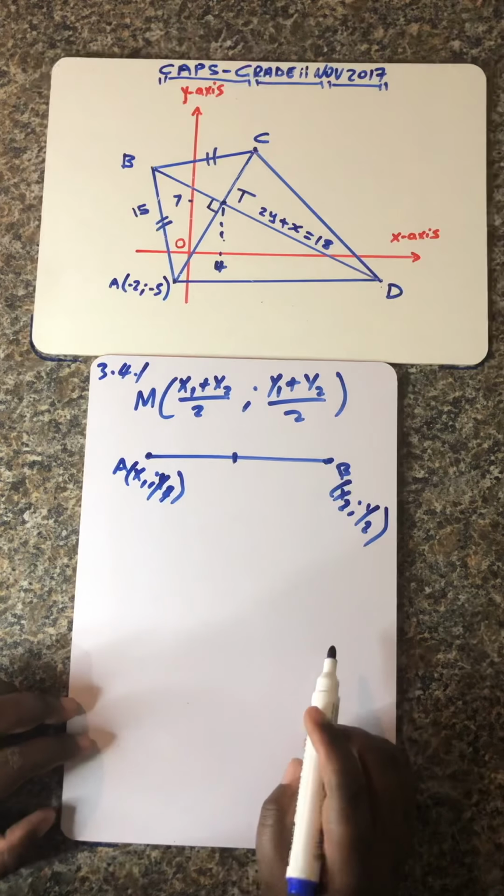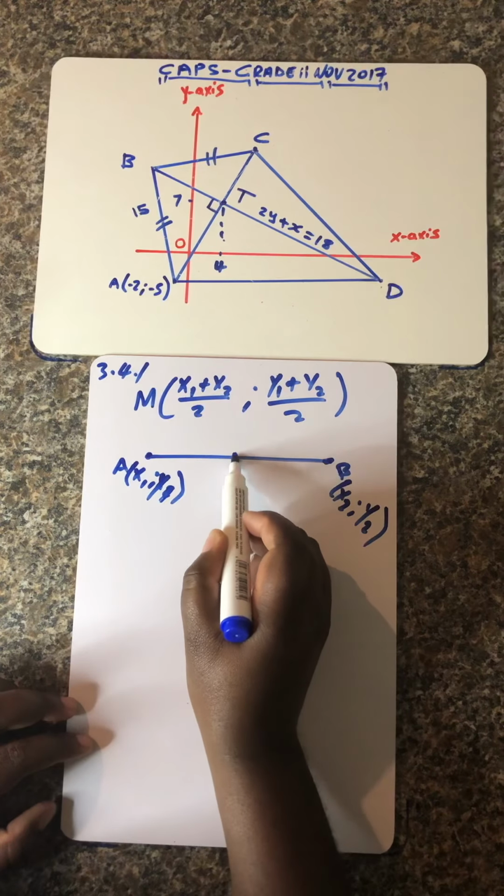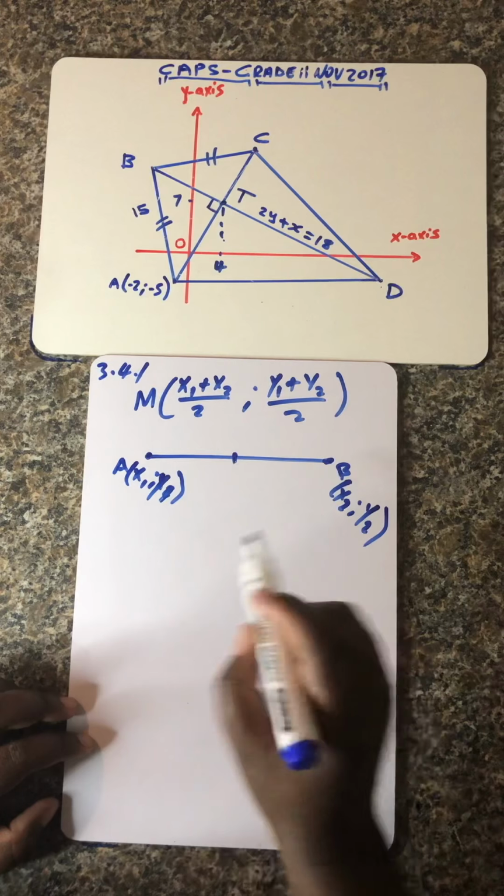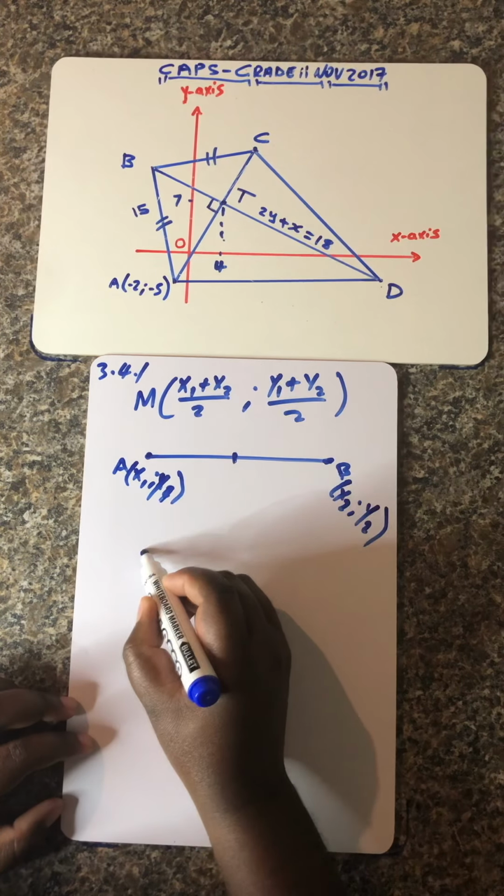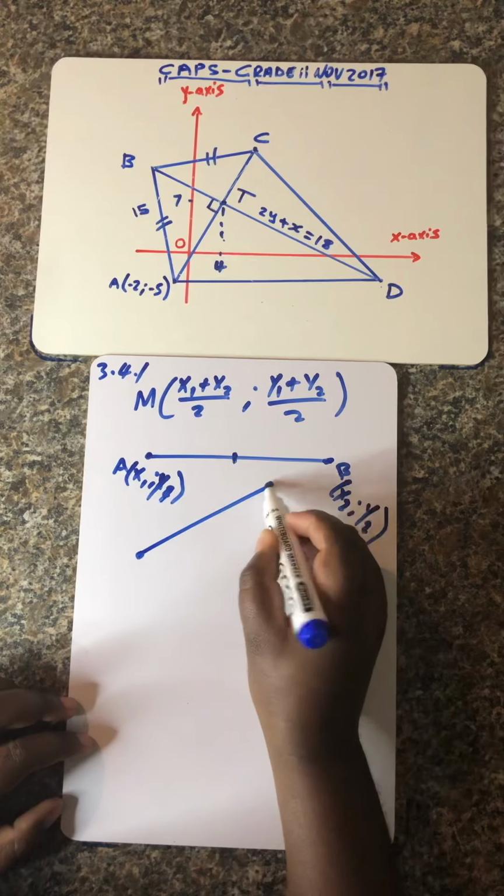When you divide them by 2, it takes you to a point which is in between. So it doesn't matter whether the line is at that angle.